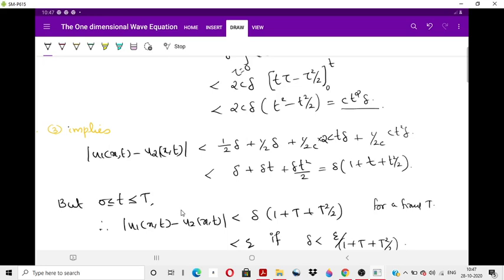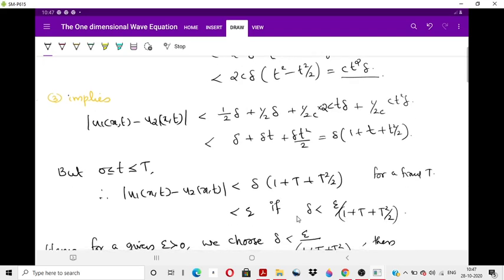And also it is given that 0 is less than t less than or equal to capital T, which is a fixed number. So mod u1 minus u2 is less than delta into 1 plus capital T plus T square by 2. And this will be less than epsilon if we choose delta less than epsilon by 1 plus T plus T square by 2.